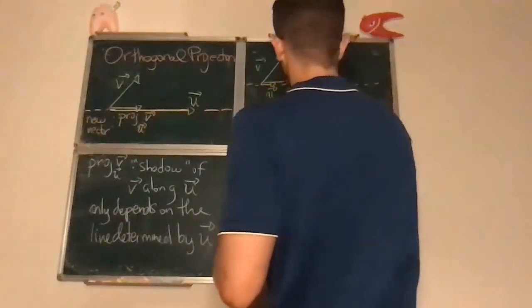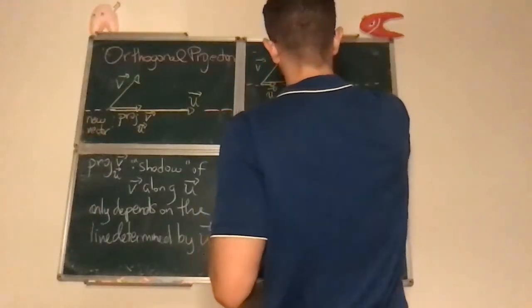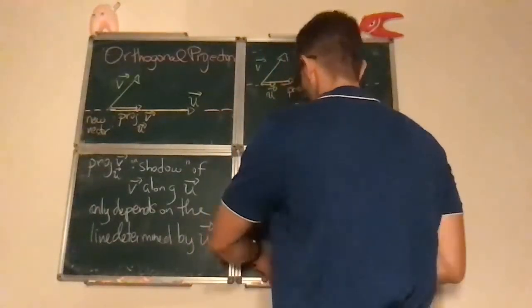And you could even do something more extreme, which is take the same vector v, and now let's just reverse the sign of u.